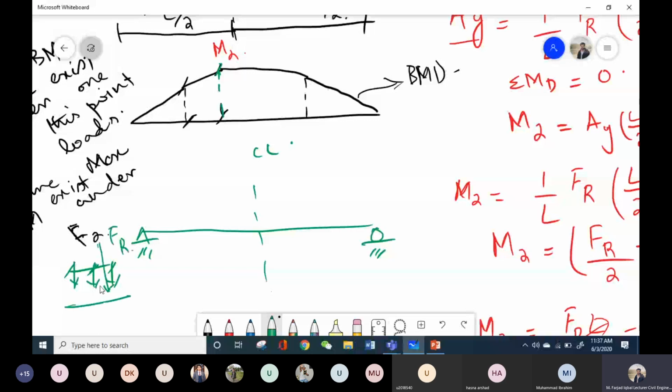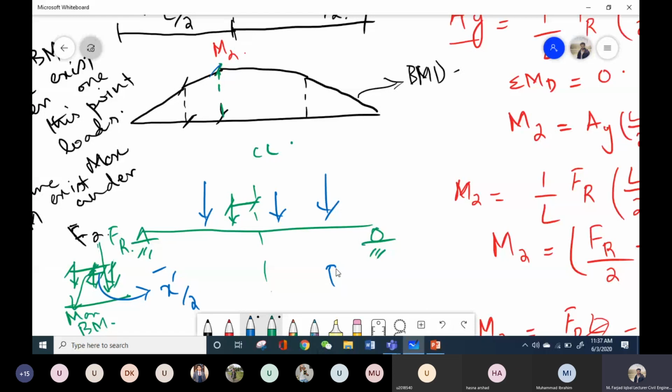Let's say you assume that under this point load you have the maximum bending moment. You will place this point load at half of the distance of the resultant with respect to that point from the center line, and you will simply compute the bending moment from the bending moment diagram, and that will be your maximum bending moment.